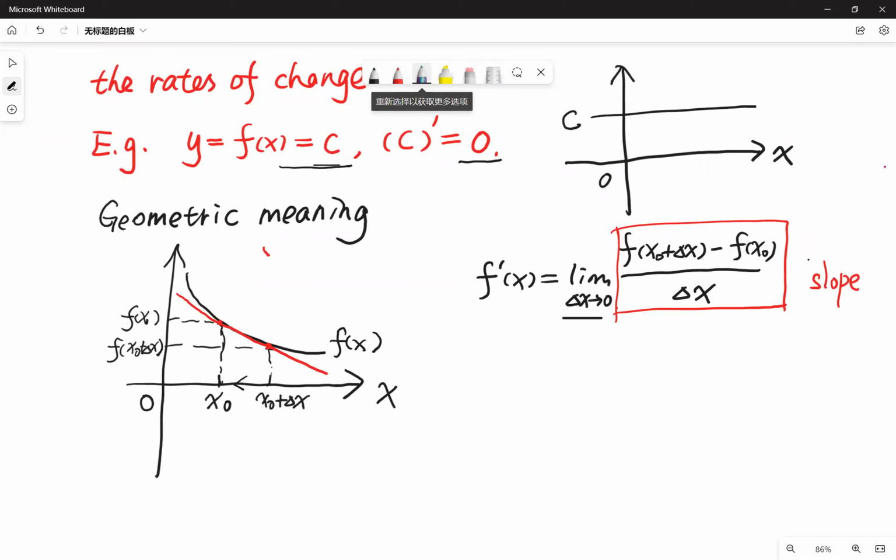Can you be clearer, because I didn't understand this part. Yeah, the tangent line.